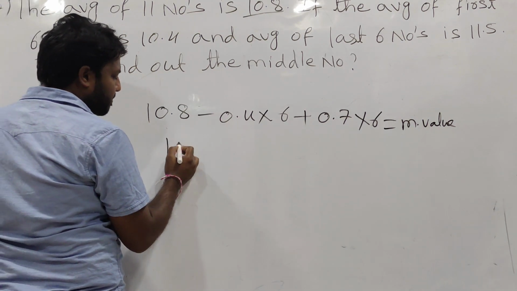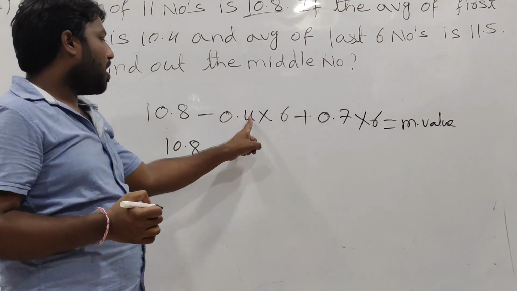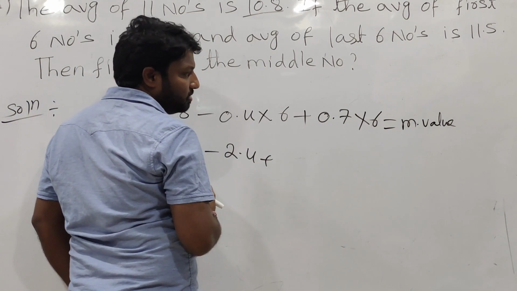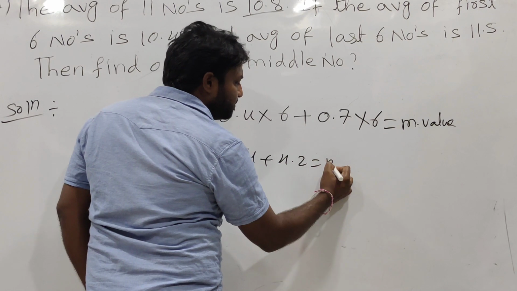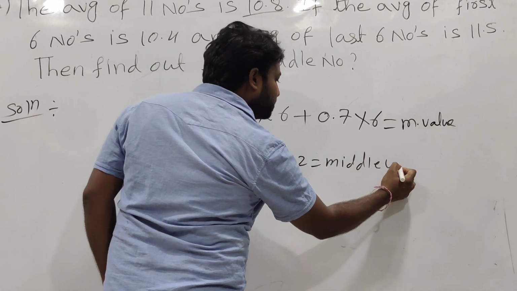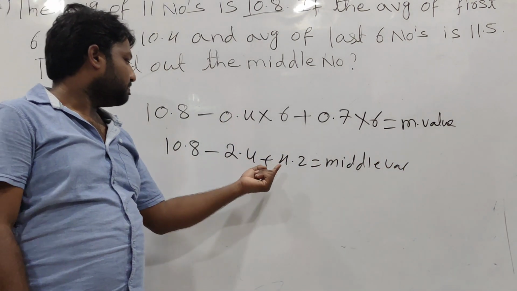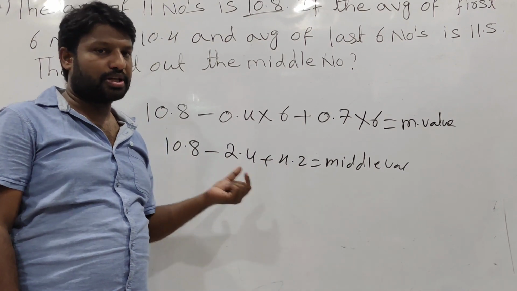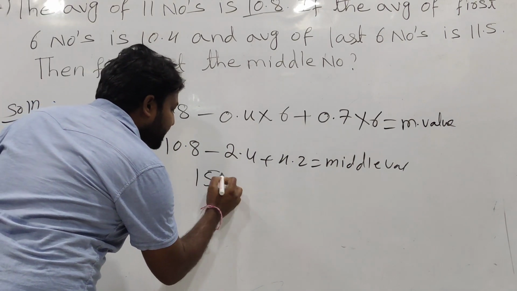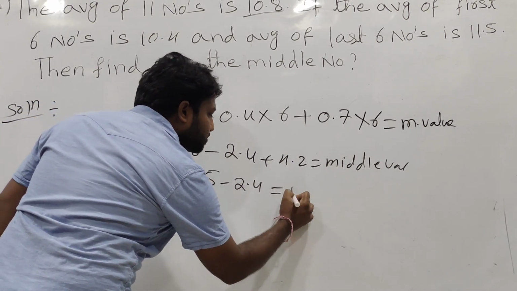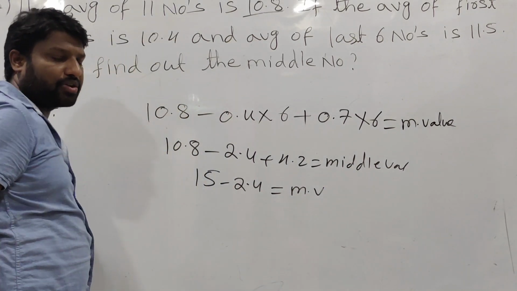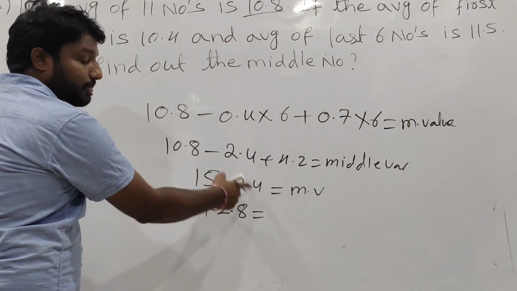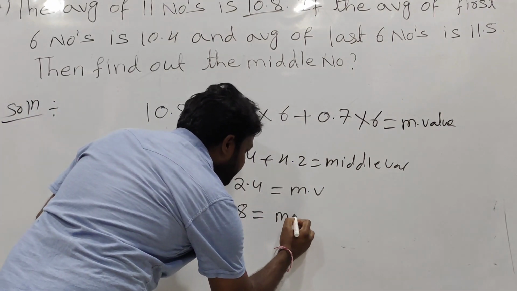So I will solve this. 10.8 minus 0.4 into 6 is nothing but 2.4, plus 0.7 into 6, which is 4.2. The middle value is, if I solve this, 10.8 plus 4.2, which is nothing but 15. 15 minus 2.4 is nothing but 12.6. So the middle value is 12.6.